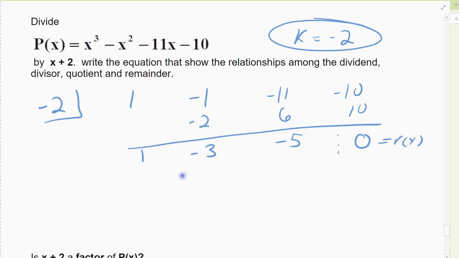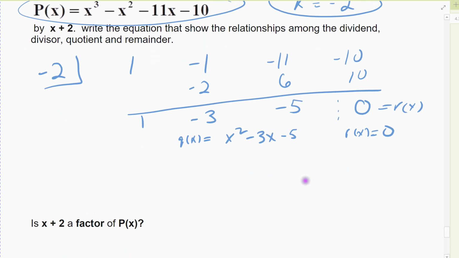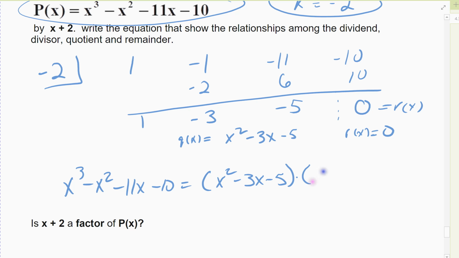And so my q of x is 1 degree less, so it's x squared minus 3x minus 5. My remainder is 0. And so the relationship between the dividend, p of x, x cubed minus x squared minus 11x minus 10, equals the quotient, x squared minus 3x minus 5, times the divisor, which was x plus 2.